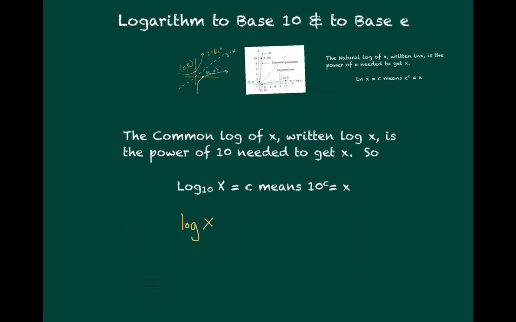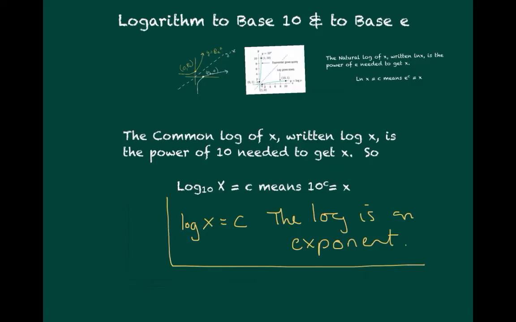If there's nothing written, it's assumed to be base 10. When we write that, it means that 10 to the c equals x. So in other words, this thing that a log equals is an exponent, and that may be the most important sentence you remember. The log is an exponent. Let's make sure that's in your notes.